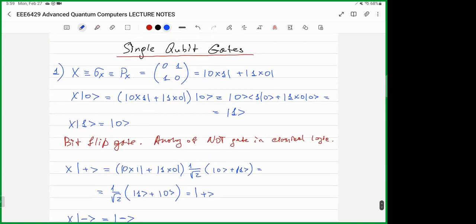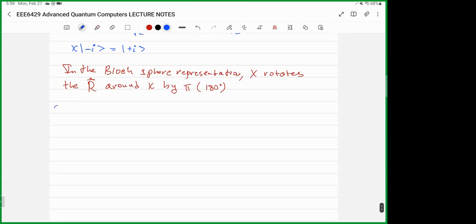So the next gate, the second one we consider, is the Z gate, also known as sigma Z, or also known as PZ. Again, depending on the literature, you can meet any of these. The matrix of this gate is the Z Pauli matrix, which is 1, 0, 0, minus 1.